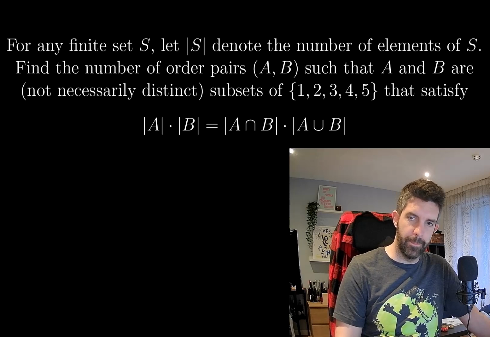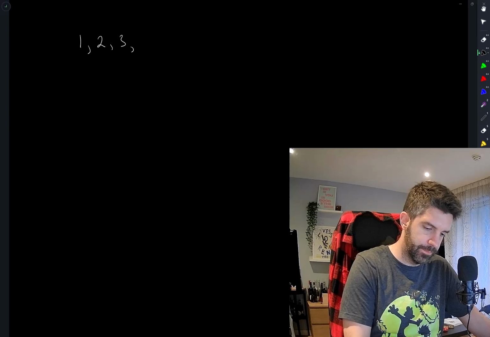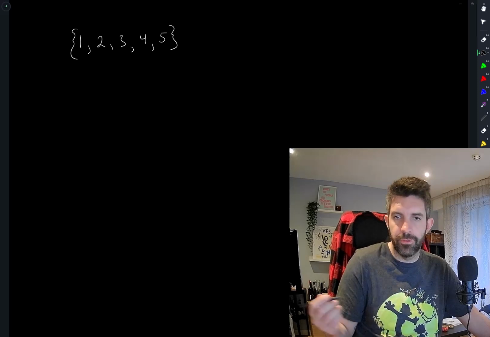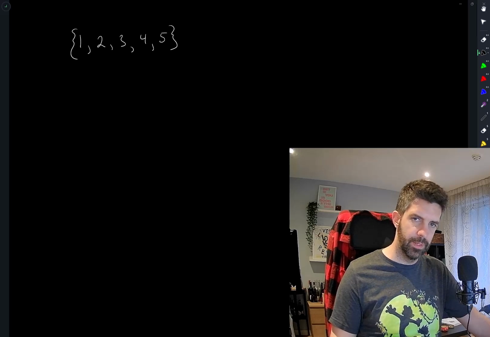Okay, so we're starting with a set of 5 elements, which is really what's important here. The sets A and B are not necessarily distinct.